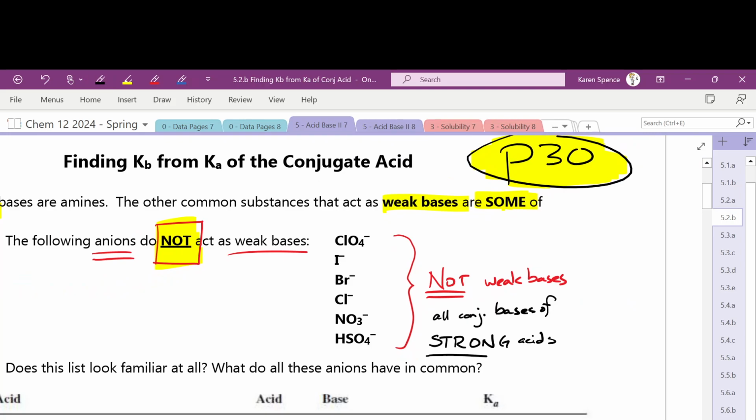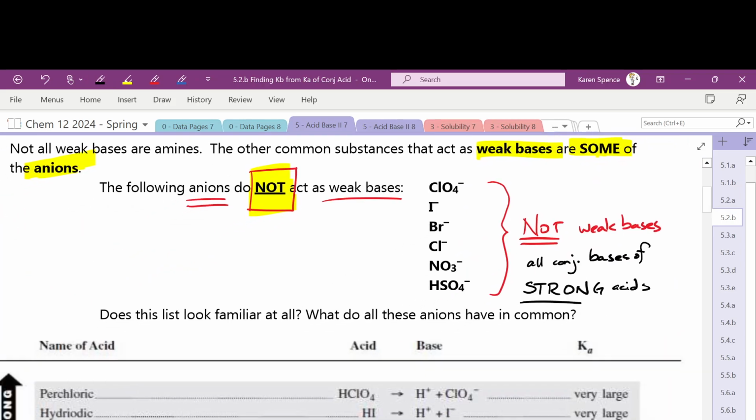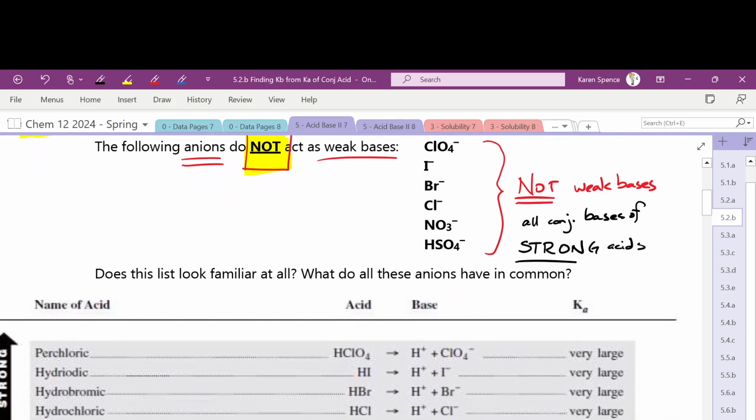Okay, so if we go on our chart, we can see all of these are over here, and they are all too weak to act as bases.